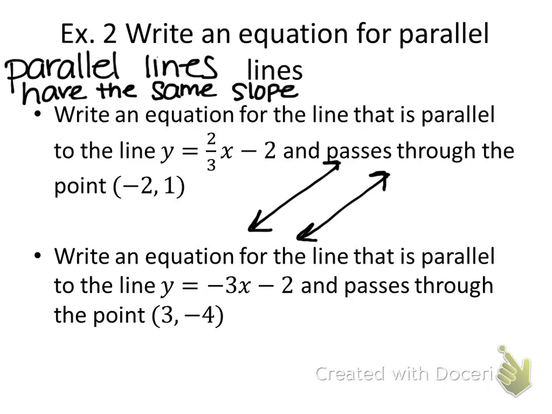I'm going to box it in with a color so you can see that it's different from all the other black and white writing on here. Parallel lines have the same slope.